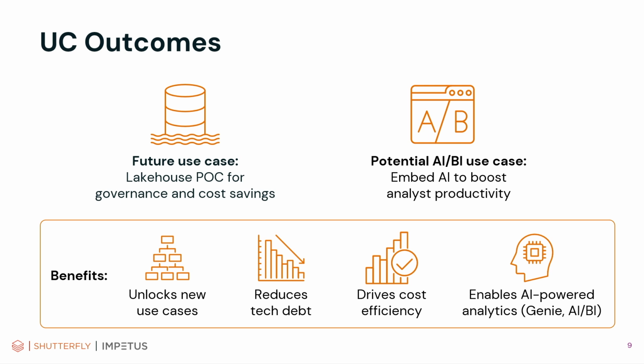It's a foundational piece. It's a cornerstone of a lot of the advanced features. So you have to migrate to Unity Catalog. Of course, by migrating to Unity Catalog, we have reduced tech debt, we have driven cost efficiency, and we are enabling AI-powered analytics such as Genie and AI BI.